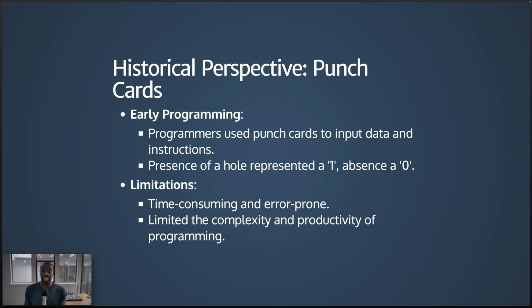You're feeding in the instructions there, and it would execute your application. Programmers used these punch cards to input data and instructions, but these limitations, if you can imagine, it's a lot of paper, time-consuming, error-prone. Imagine what debugging looked like during those days, and it limited the complexity and productivity of programming.